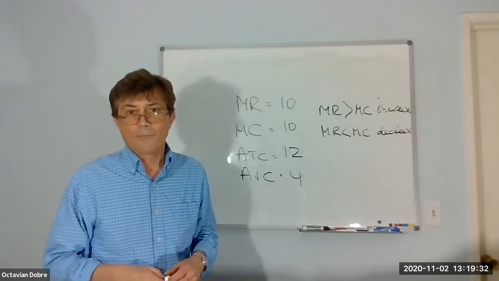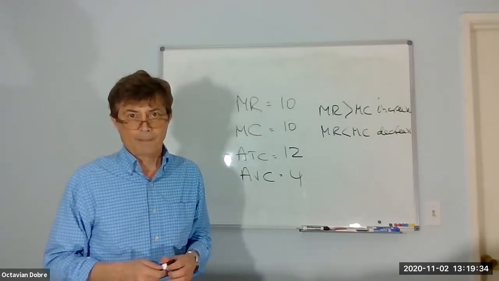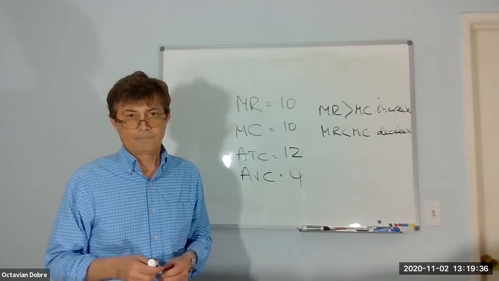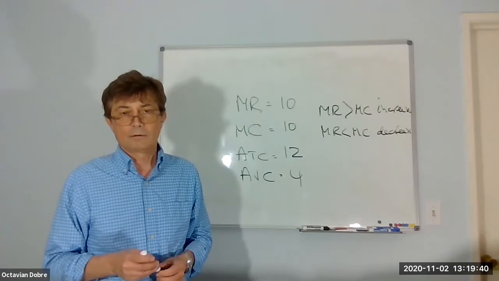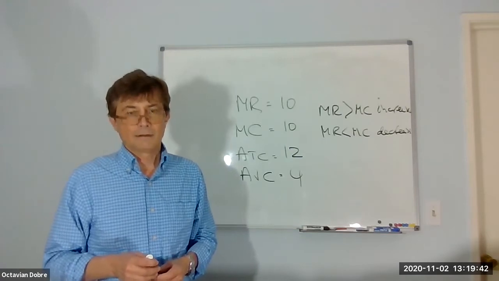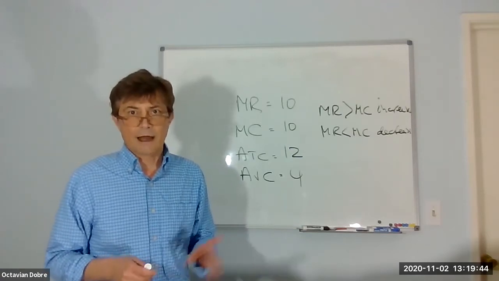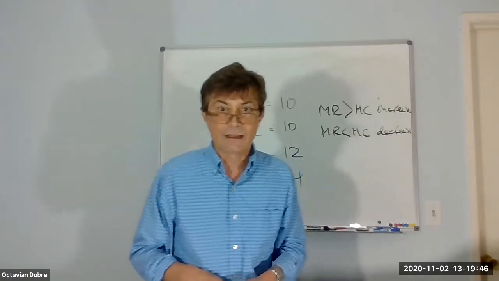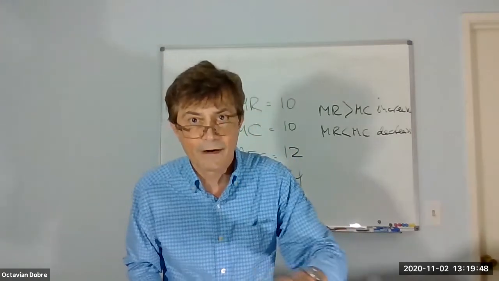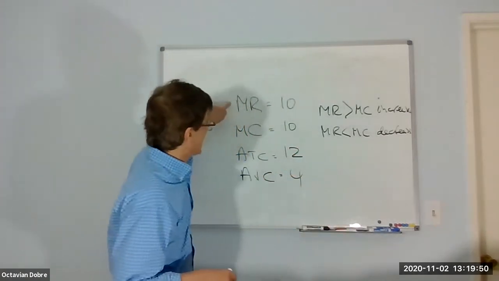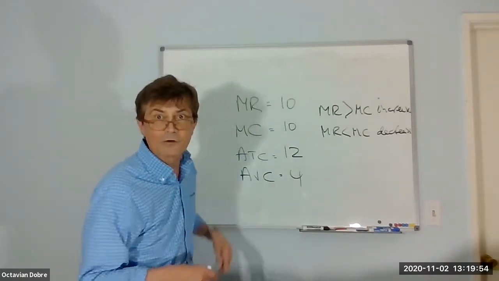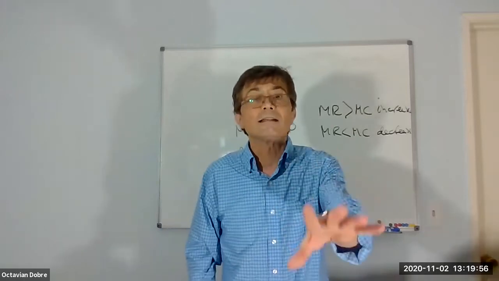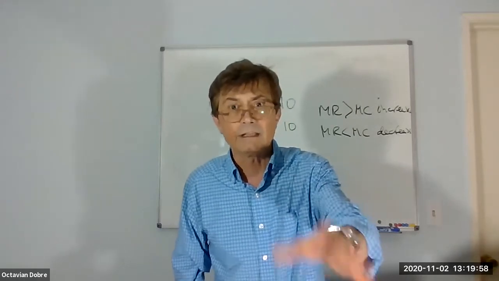What's going on now? Kimiko? Negative economic profit. Negative, exactly. Now you're making negative economic profit. However, the price is greater than the average variable cost. So you're going to stay in business until the end of the lease.